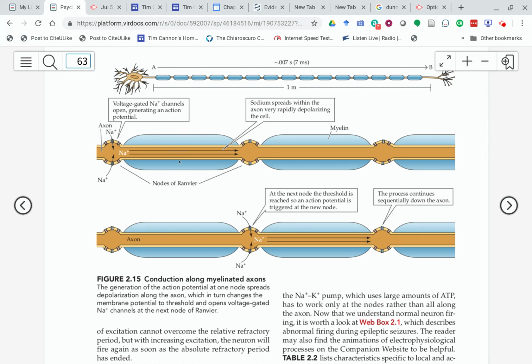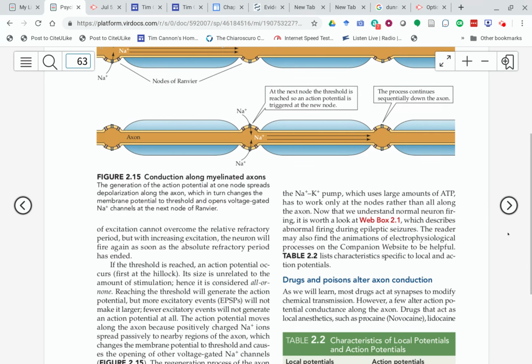So myelin increases speed, but it also saves a lot of energy, because under the myelin, we don't have to pump. And by the way, if you get Guillain-Barré or MS, and this myelin dies, you have a whole segment of messed up axon because you don't have pumps there. And often it doesn't just slow things down, it stops.